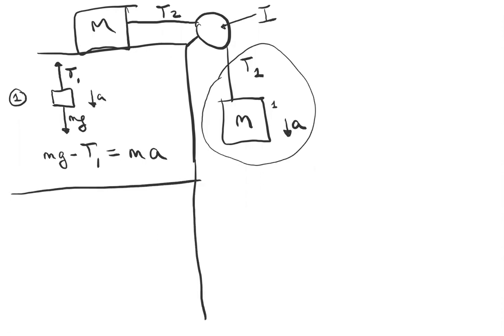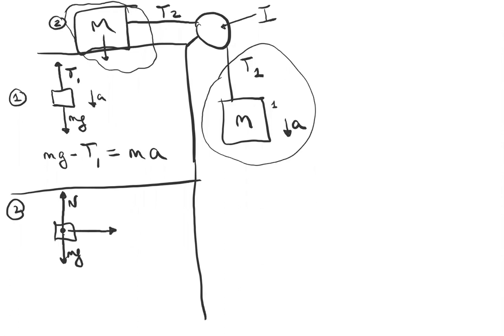Now let me write exactly the same thing for this object. Let me call this object 2. So what kind of forces do I have on object 2? I have mg. Let me draw it here actually. I have mg, and I have the normal force. mg and the normal force are balanced because there is no up and down motion.